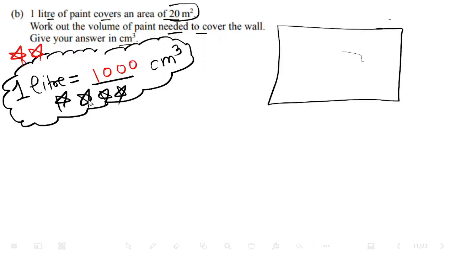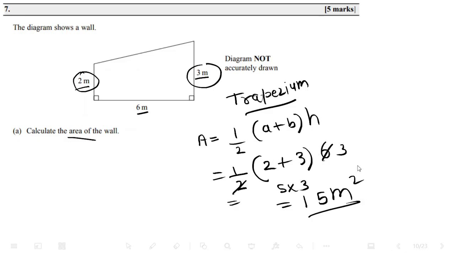They have already given that 1 liter covers 20 meters square, right? That is given in the question. Now see, we have already calculated the area, so we have to cover only this portion, right?